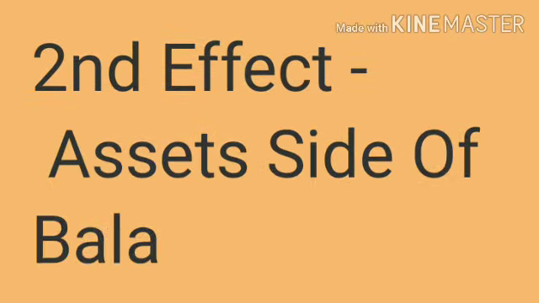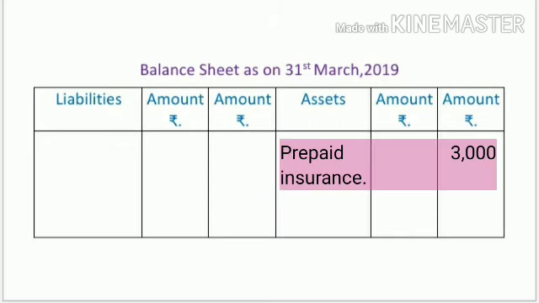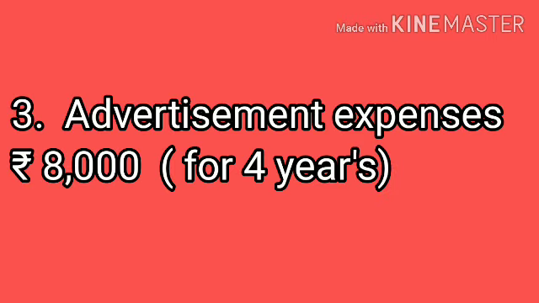Second effect of this adjustment, show on asset side of balance sheet, prepaid insurance rupees 3,000, outer column of the balance sheet. Next adjustment is advertisement expenses rupees 8,000 for 4 years.